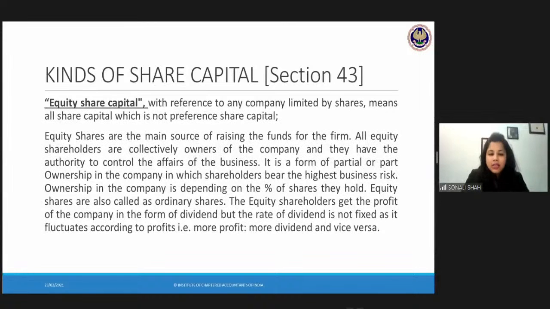Anyways, proceeding on to the equity share capital. When we talk about a company limited by shares, equity share capital is the one which comes with equal voting right. Equity shares are one of the main sources of fundraising for the company. Let's say when you go for funding to an angel investor, what does he do?